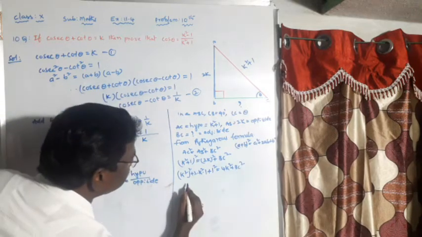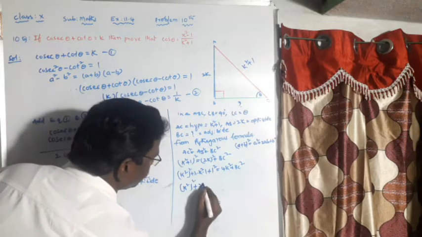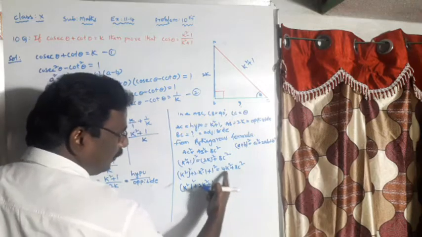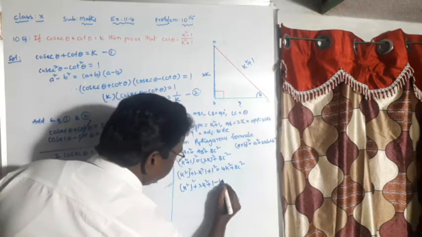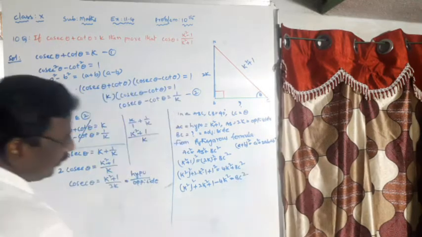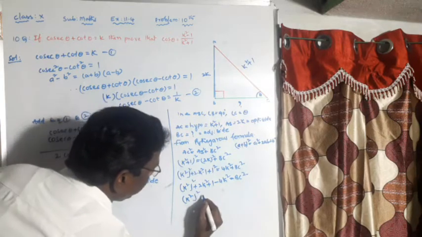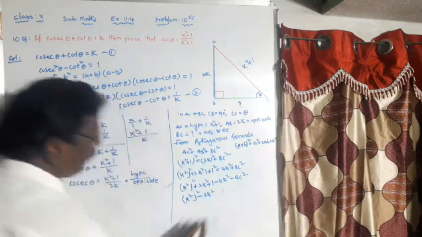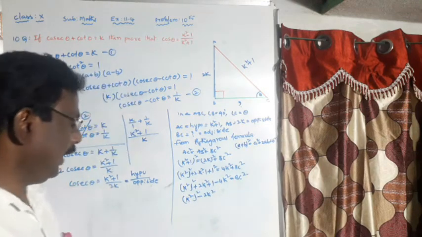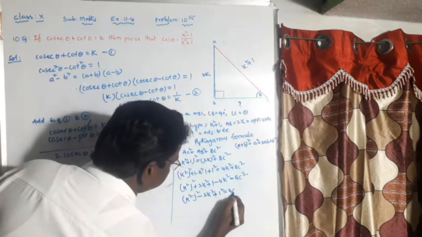Now this is k square whole square plus 2k square plus 1 square means 1 only. Transfer 4k square this side, so it becomes 2 minus BC square. Now k square whole square minus 2k square, you can subtract, plus 2k square minus 4k square. You will get minus 2k square plus 1 square is equal to BC square.